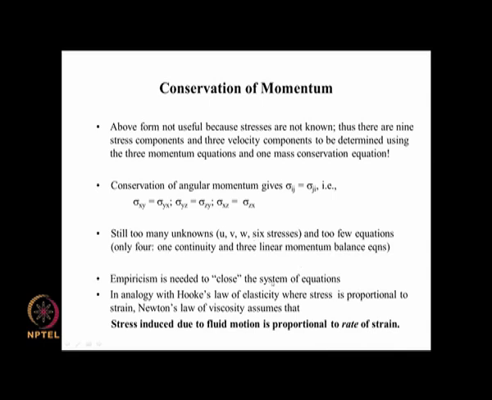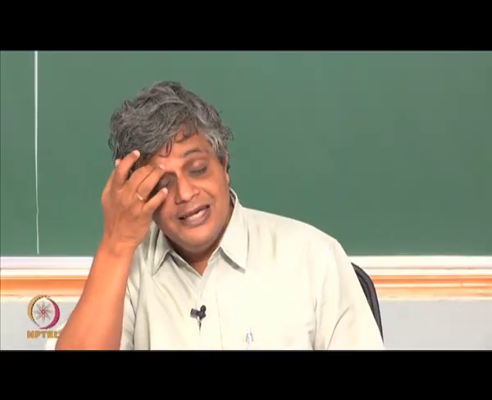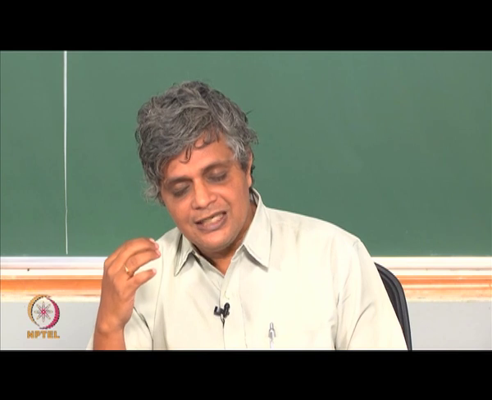So, we are now trying to bring in an empirical relation. This empirical relation has to be brought in a proper way, so that it is applicable in the general case, not in the specific case. So, that is what we are going to do in the next lecture.